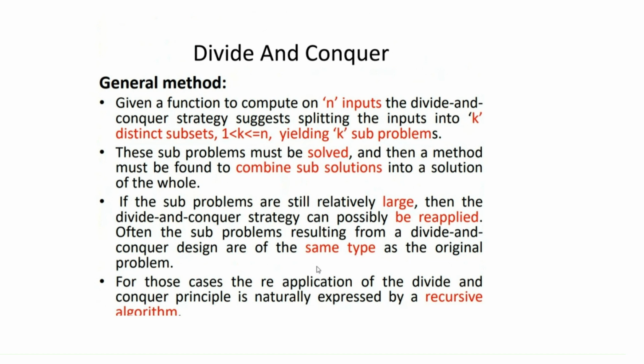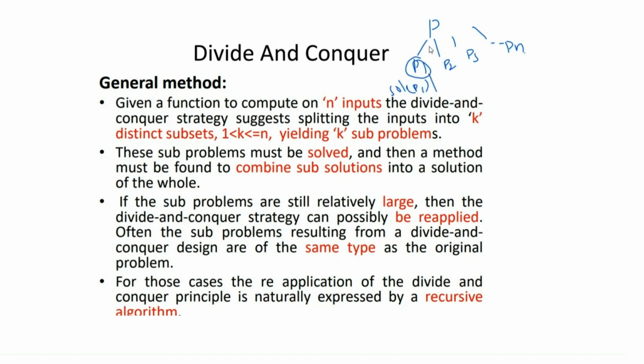For example, whenever we have a problem P, the problem P is divided into some subproblems P1, P2, P3 and so on up to Pn, and we check whether the problem is solved at this particular stage or not. If it is solved, we can find the solution of P1.